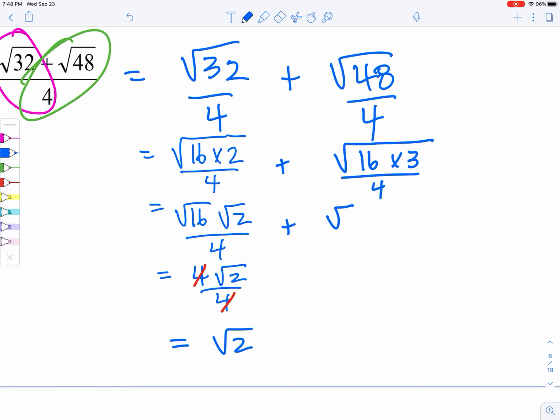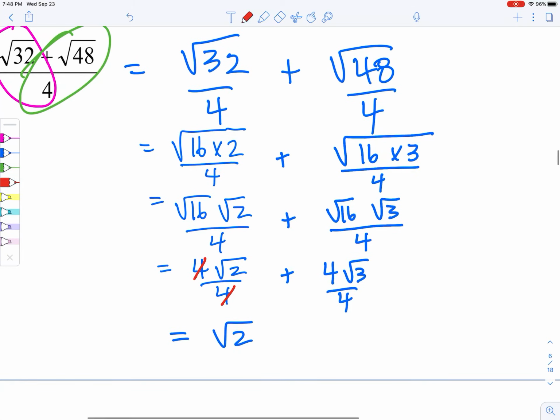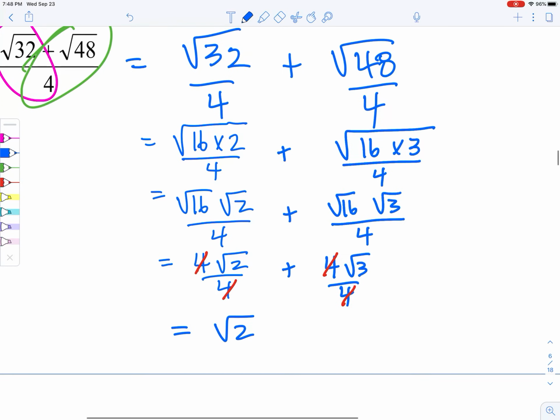So that's root 16 root 3 over 4, which is 4 root 3 over 4. And again, the 4s cancel, and I'm left with root 3. Now, plus root 2 and plus root 3, the radicands aren't alike. The guts don't match, so we can't do anything else with these.